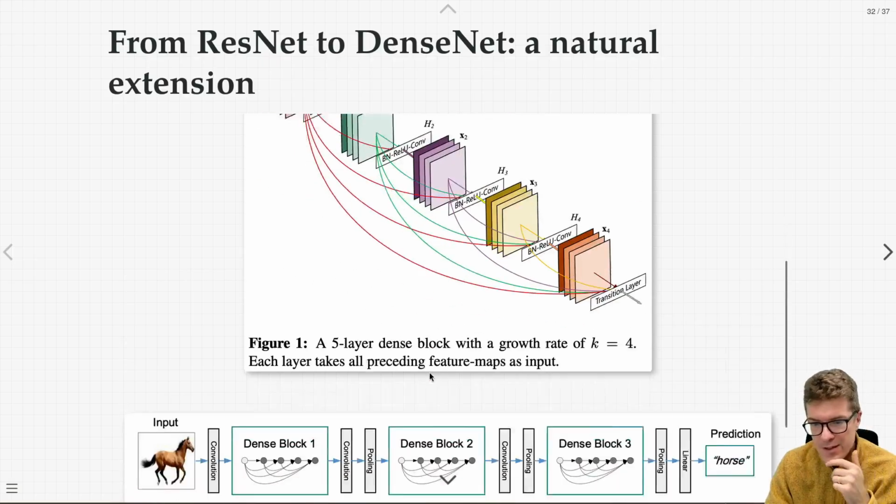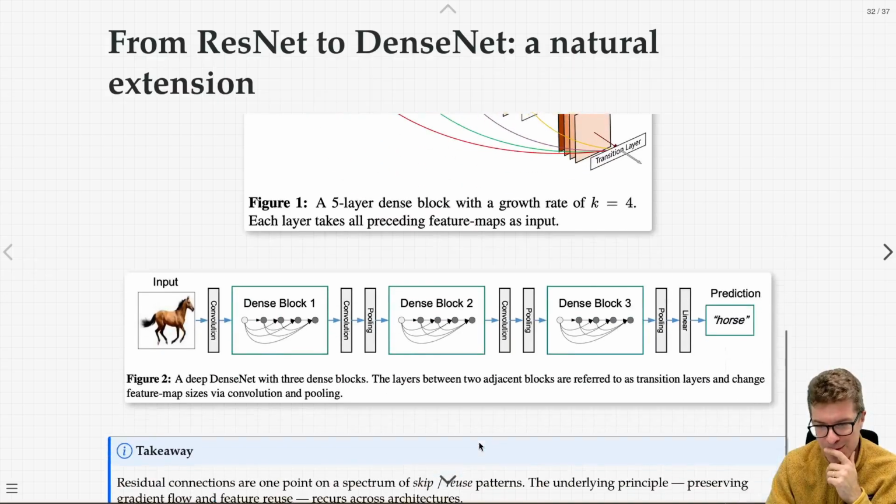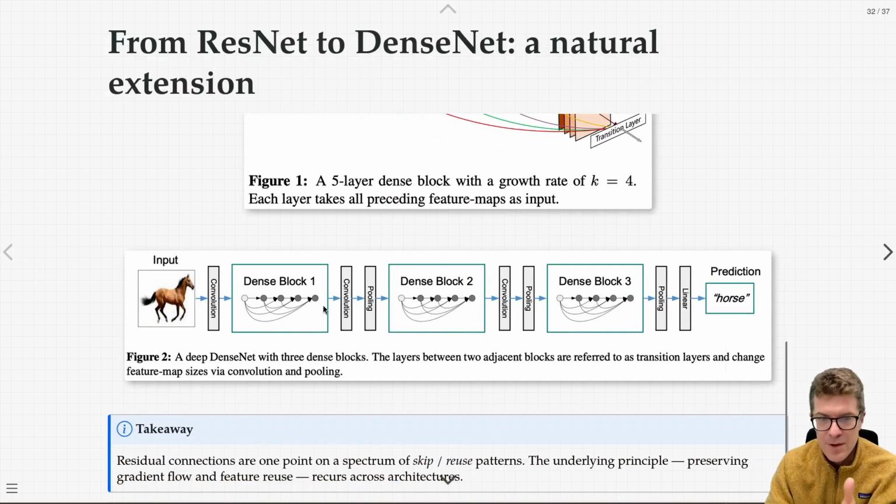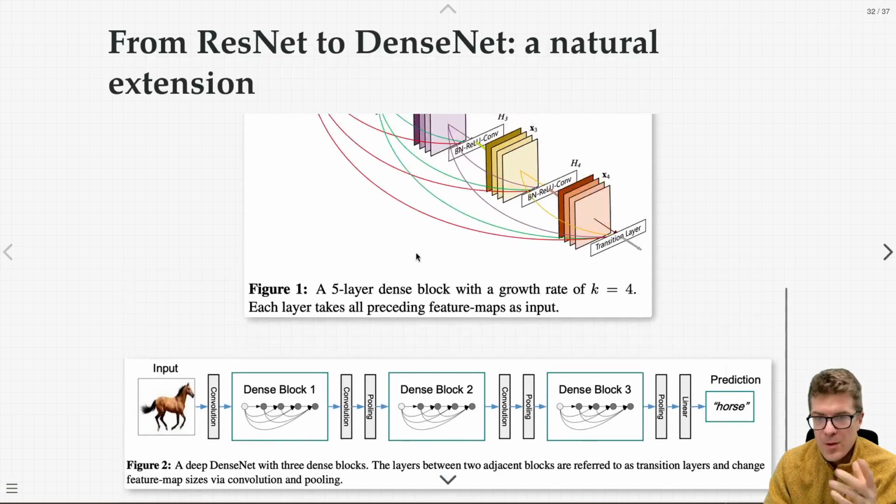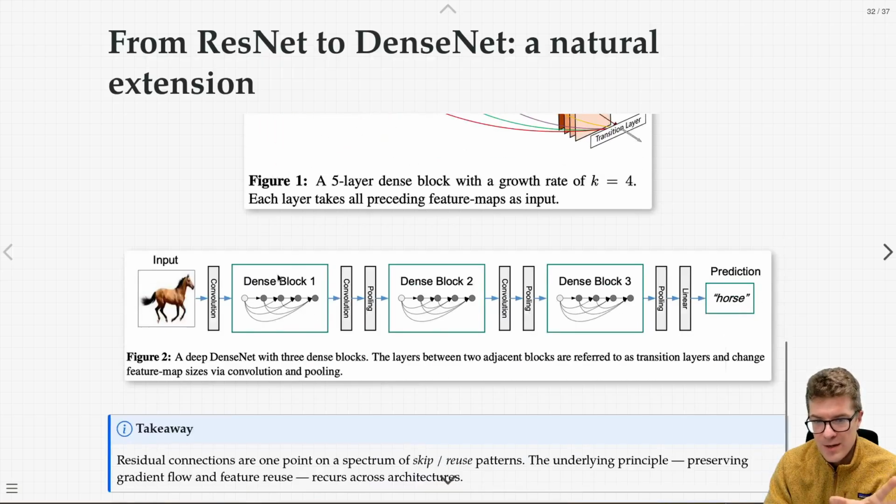So you get some of the benefits, but you don't have to be crazy about it. Hopefully you get the idea here. Here there are 3 dense blocks, and basically this diagram is repeated in each of these 3 dense blocks. There are pooling layers, convolution layers, and then a linear layer, as always, at the end as a head to perform classification. This appears to be a horse.